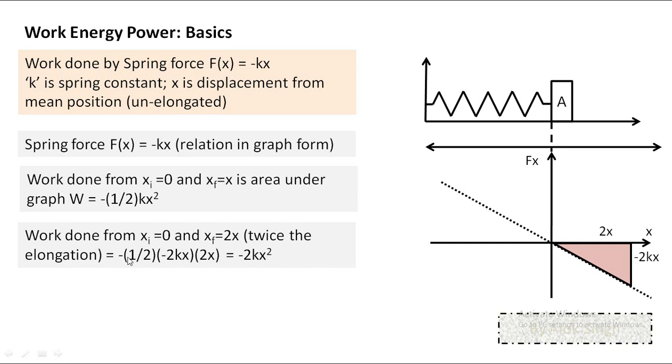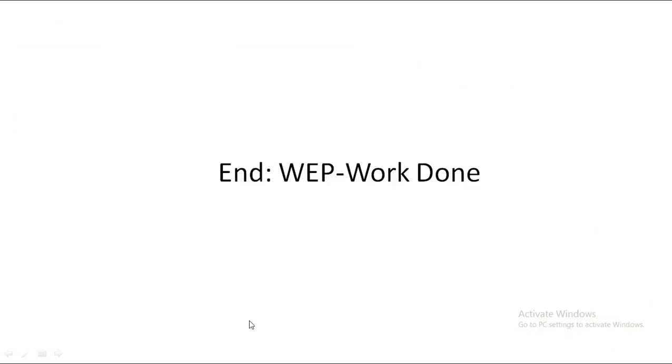The area will be 1/2 into this term, that is 1/2 into 2kx into 2x, with the negative sign for direction. It is equal to minus 2kx square, which is 4 times this. So when displacement is twice, work done is 4 times.